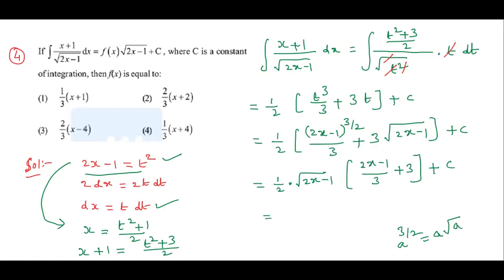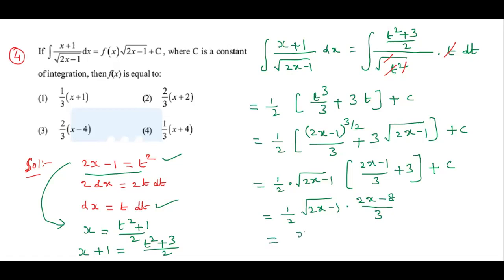Now observe here: 1 by 2 under root 2x minus 1 into, calculate this. How much do we get? 3 is the LCM. Now we get numerator 2x minus 8 divided by 3, and taking 2 common, the 2 is going to cancel.